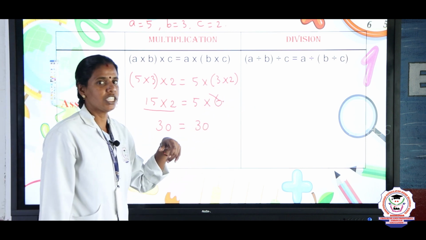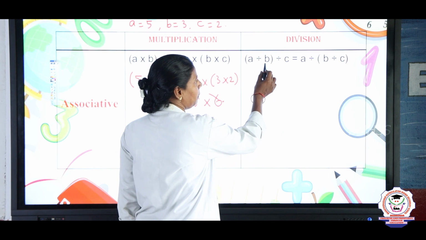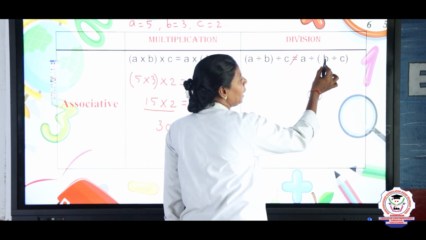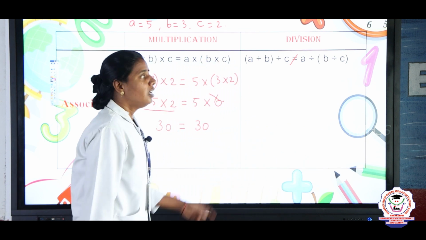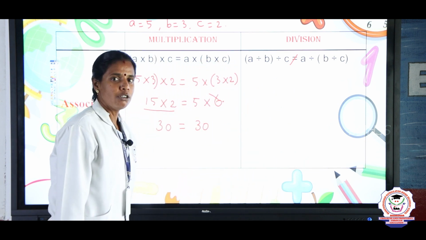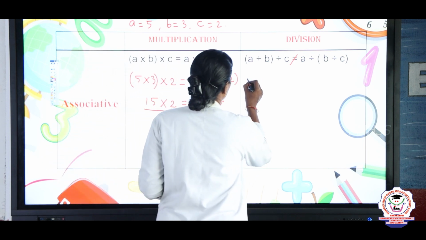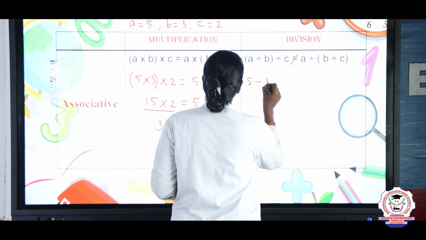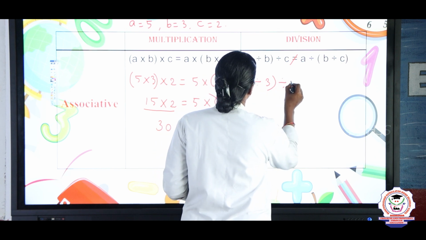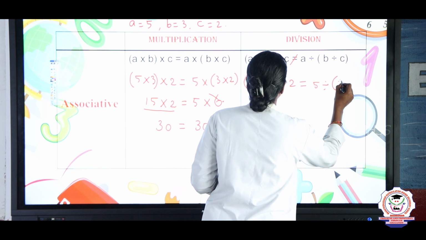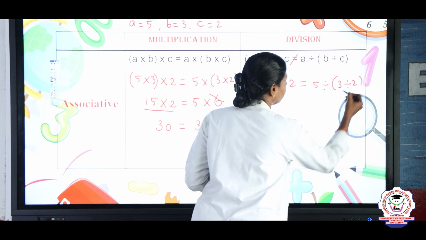And we will see division now. See, (a ÷ b) ÷ c is not equal to a ÷ (b ÷ c). If you substitute the values also, LHS and RHS will not be equal. Let me see now. (5 ÷ 3) ÷ 2 and 5 ÷ (3 ÷ 2).